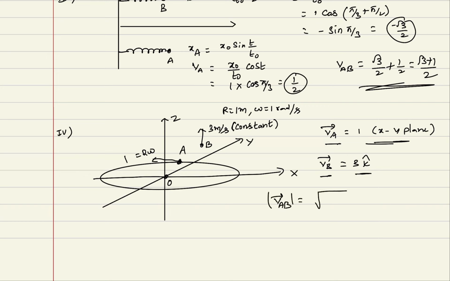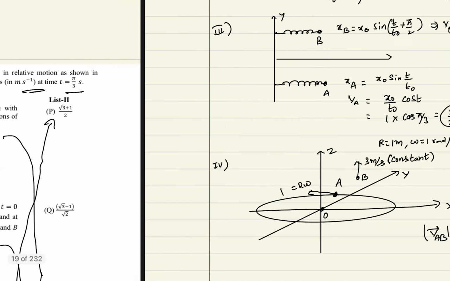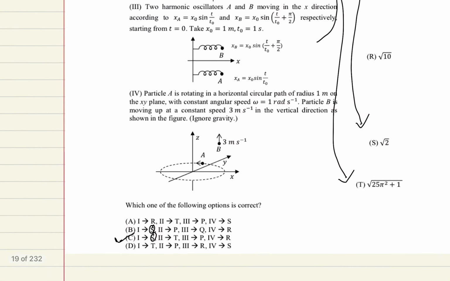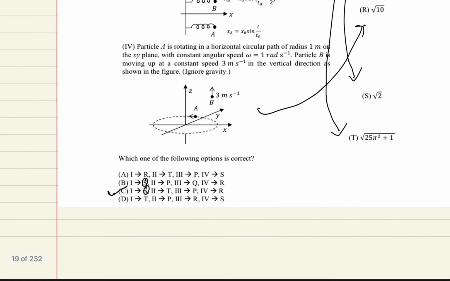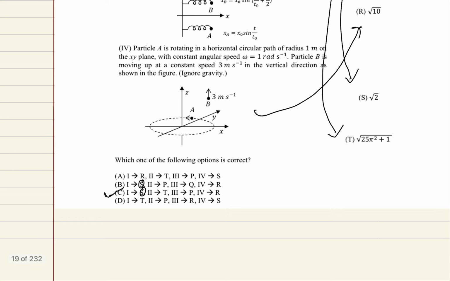The magnitude of the velocity of A with respect to B is the square root of 3 square plus 1 square, which is root 10 meter per second. This is the velocity of A with respect to B for the fourth one. You can see the fourth one is root 10, which matches R. So everything is satisfied. Option C is the correct option.